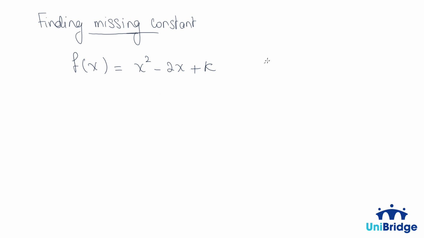So here you must have been given in the question, what if f of 2 is equal to 3? This is going to be your question and it's going to ask for k. So now you know that when x is equal to 2, y or f of x is equal to 3.